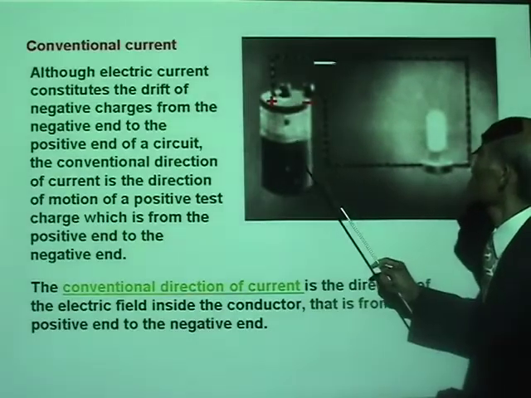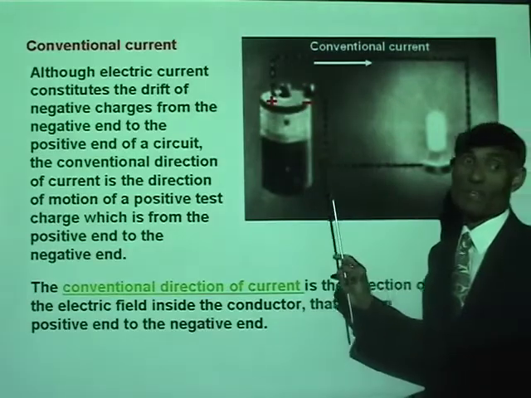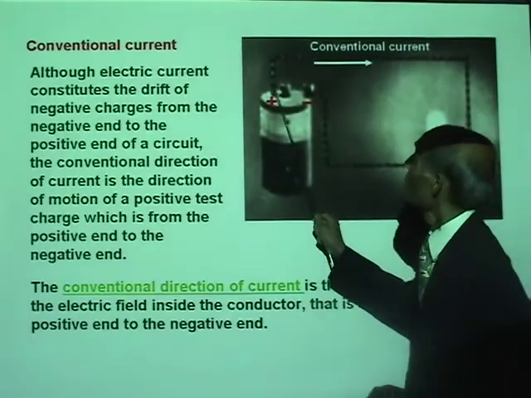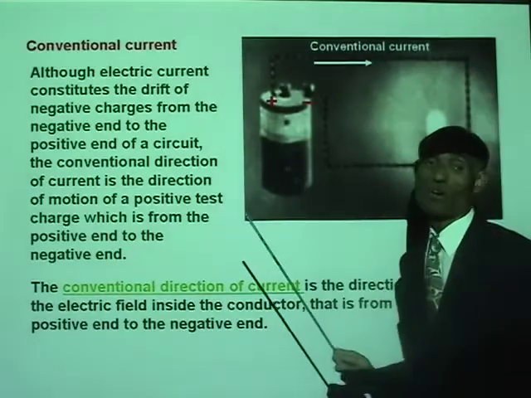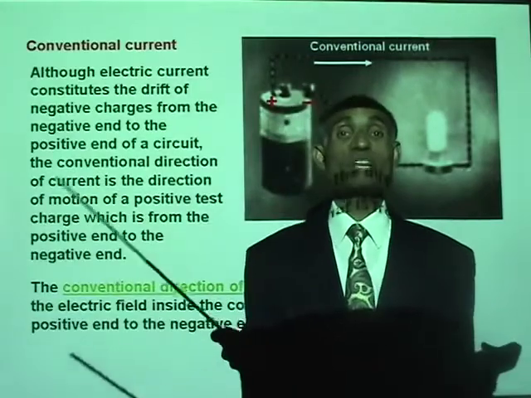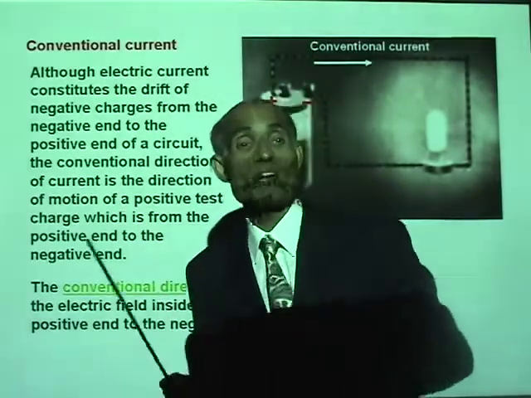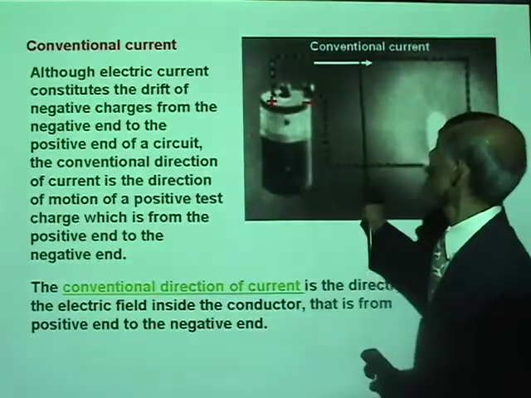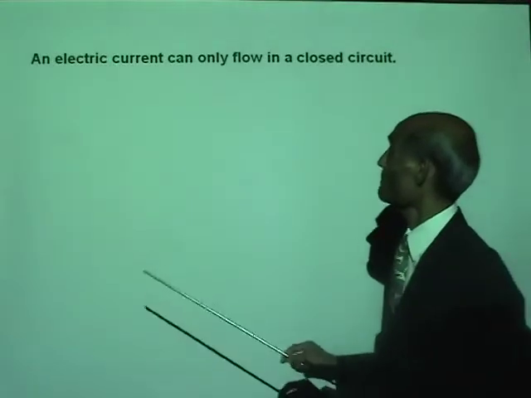You can see that's the direction of the conventional current. The conventional current flows from the positive of the cell to the negative. So all our calculations and representations from now on will be using the conventional current, the direction of the conventional current from positive to negative.